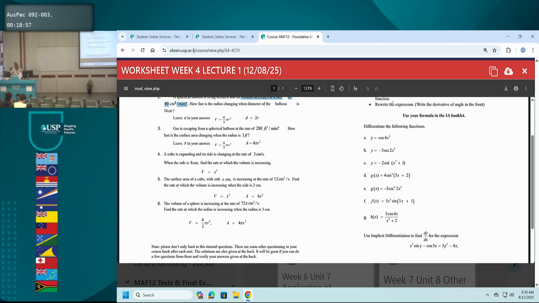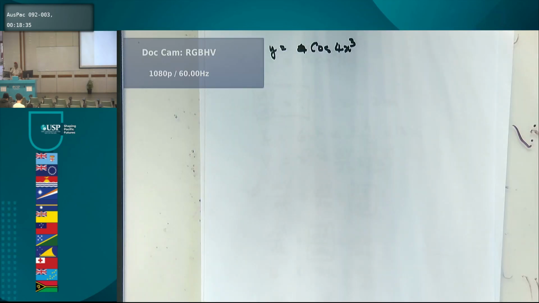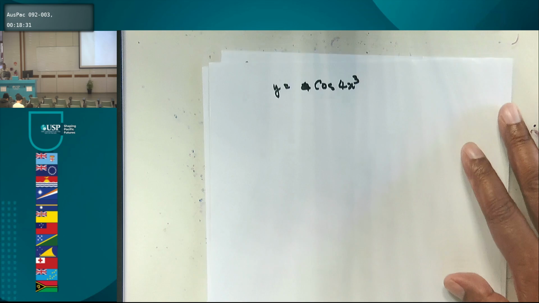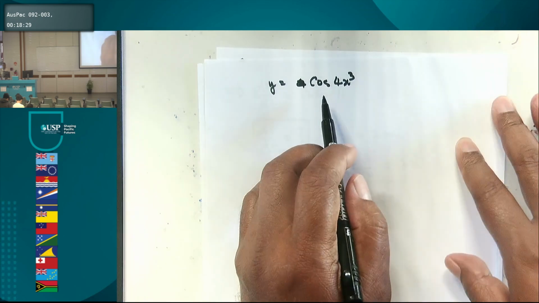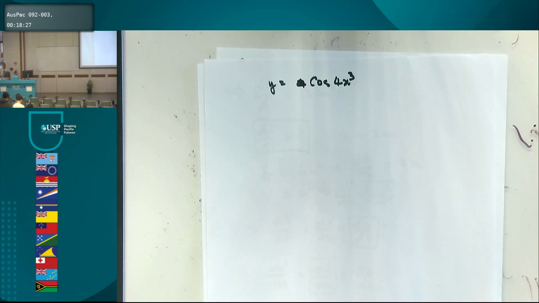Y equals cos 4x cubed. Okay. This to me looks like a composite function. Why do I say that?